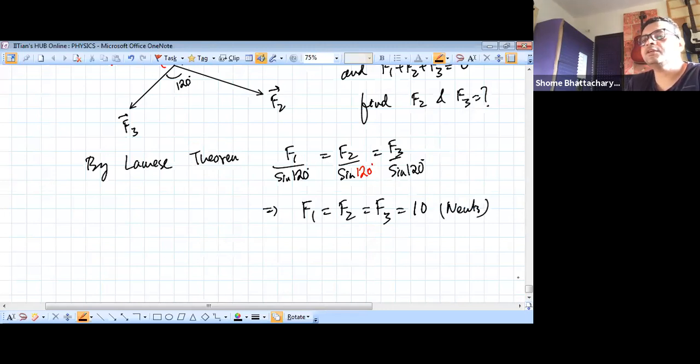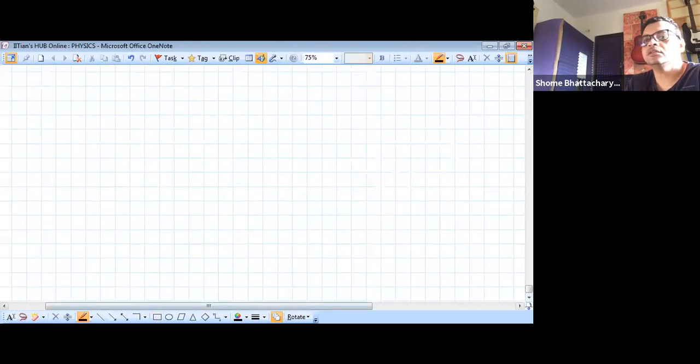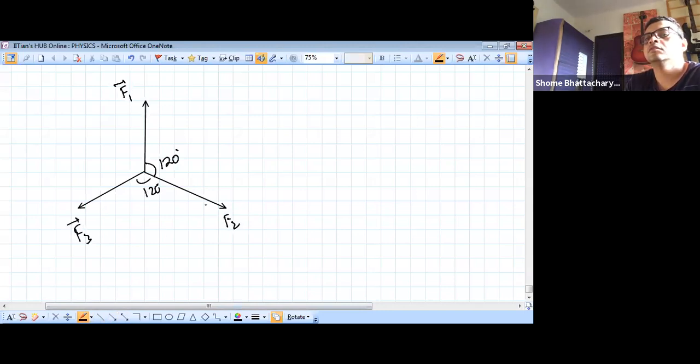Whereas if you did it by component algebra, you would have to prove it this way. Since this angle is 120 and this angle is also 120, you would have to take your coordinate frame like this: your x-axis like this and your y-axis like this.